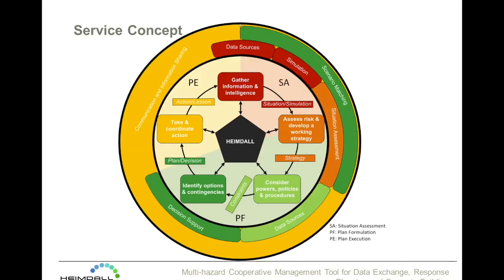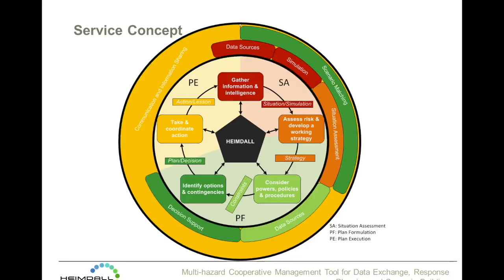We have data sources like the drone detection system, in situ sensors for landslides, and simulation tools that help with the gathering of information. A situation assessment functionality includes, for example, risk and impact assessment tools, scenario management functionality, and the provision of an impact summary, which helps to find a strategy.